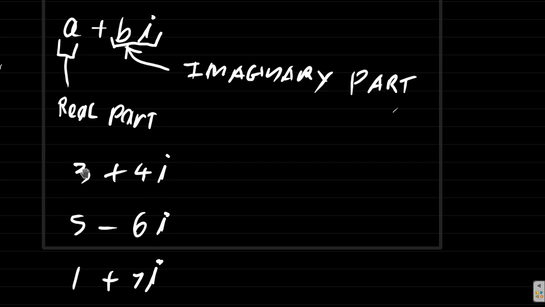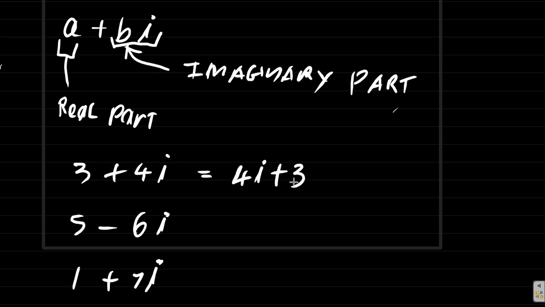Let's look at this. Here, the real part is 3 and the imaginary part is 4i. You see that? Now, let's look at a little thing here. Suppose you have 4i plus 3.